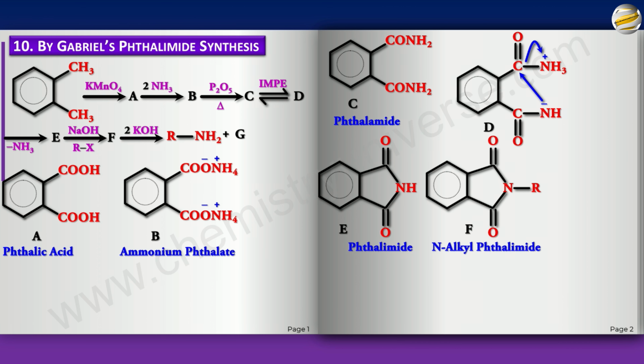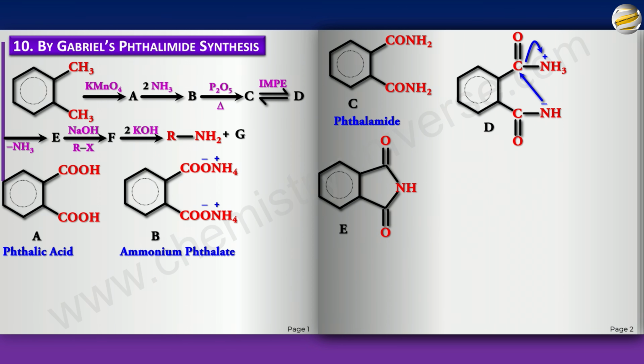Now, we do hydrolysis with KOH. Now, this is something which you may not understand right now. But when we do the hydrolysis with KOH, I'm going to get phthalate ion along with RNH2. Even though it's sort of done, if you want to know how this happens, it's a pretty simple story here. I'll just show you how this happens.